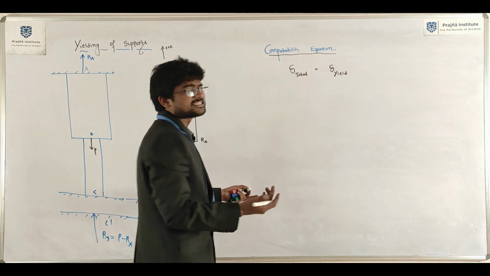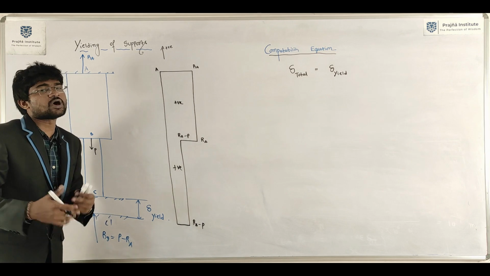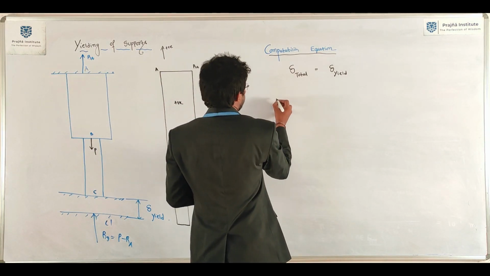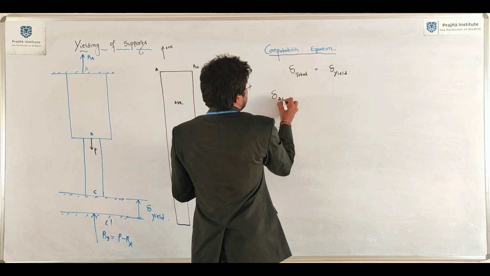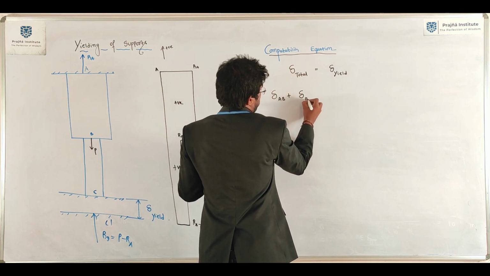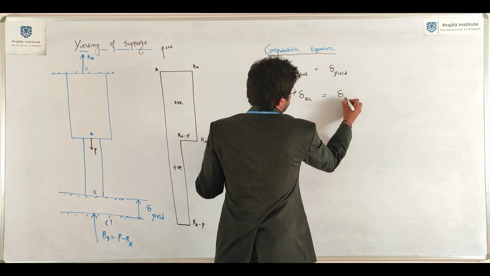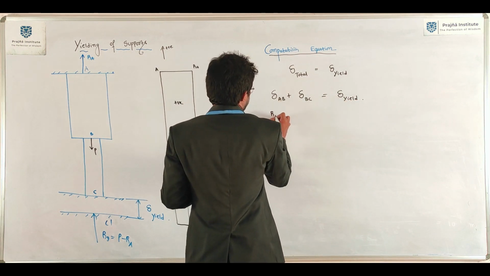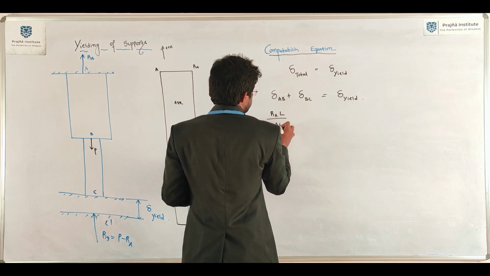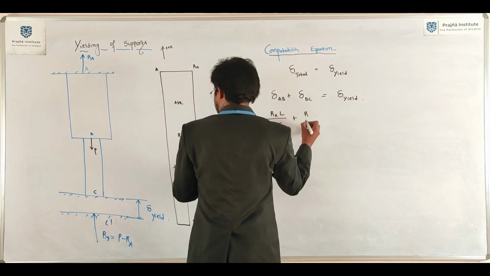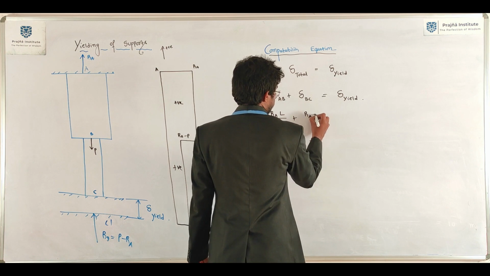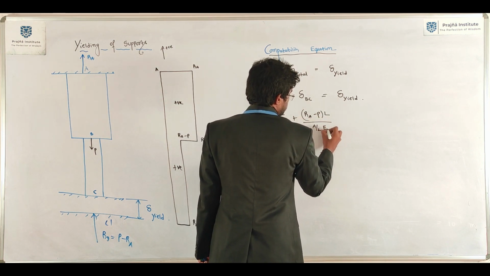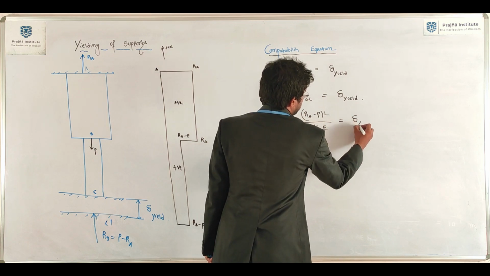Delta total is very simple since you have drawn the pseudo axial loading diagram. Delta AB plus delta BC equals delta yield. So RA into L by AE, plus RA minus P into L by A by 2 into E, equals delta yield.